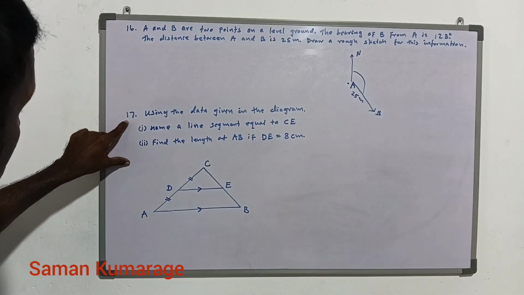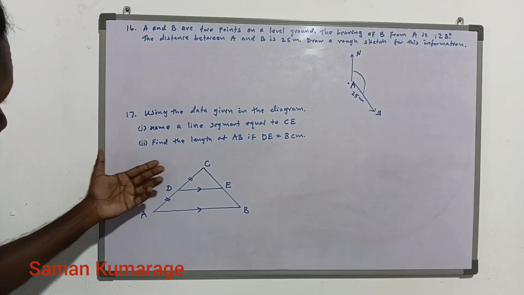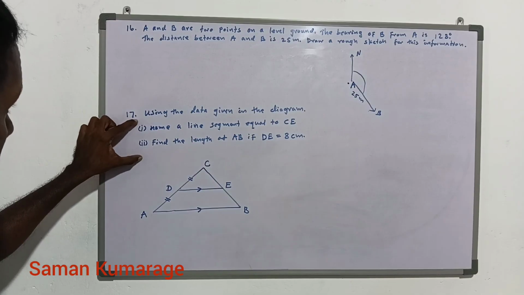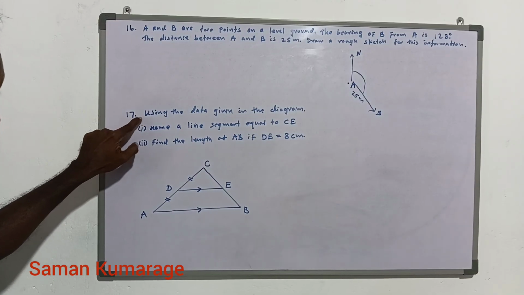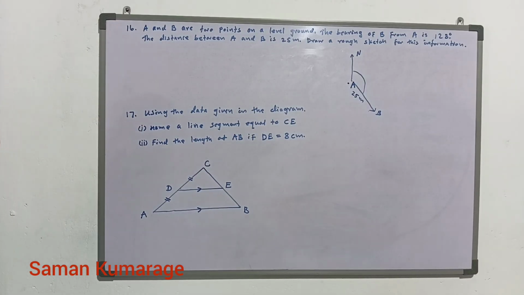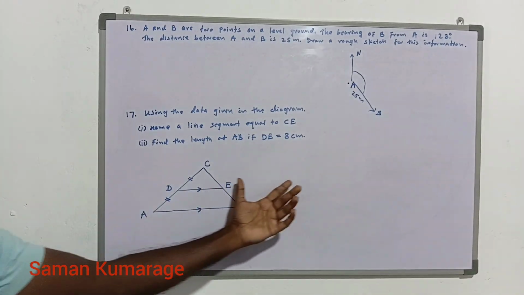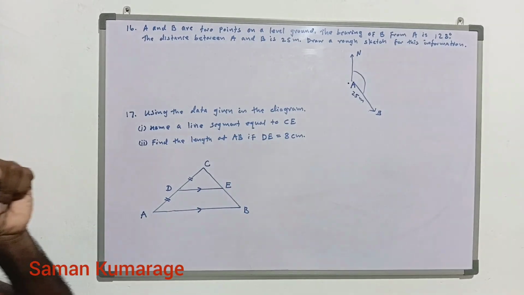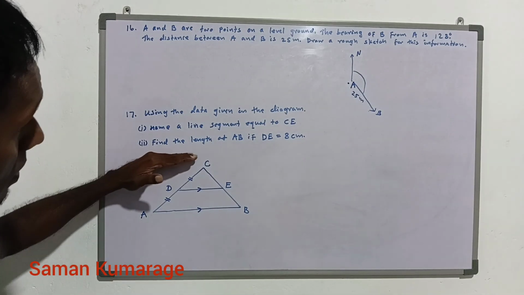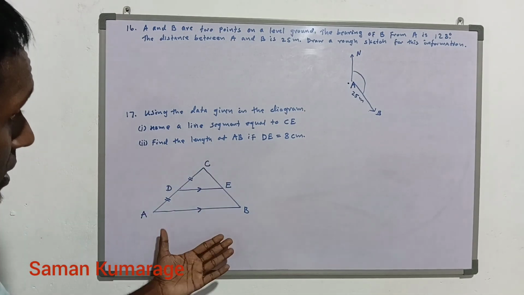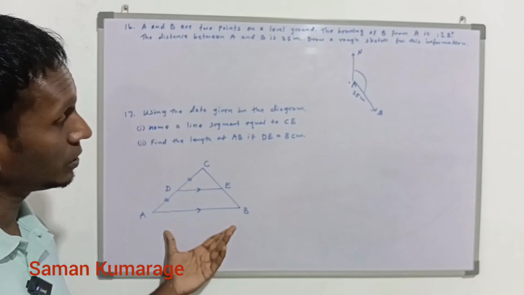Okay, moving on to question number 17. They are asking two sub questions under 17. This question has come from the midpoint theorem. You should have already studied the midpoint theorem.